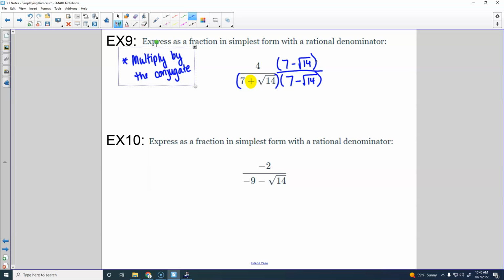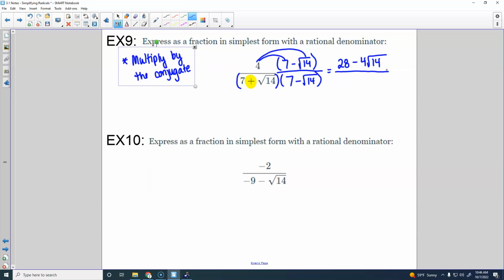Okay, and this is why we multiply by the conjugate. So, in the numerator, let me think. I guess I'll go ahead and distribute. I'm going to distribute here, and I will get 28 minus 4 times the square root of 14. Okay.